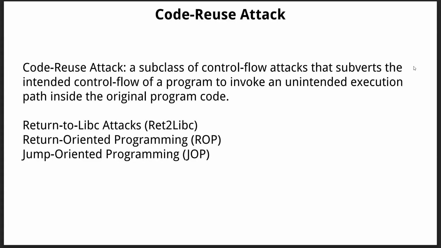Those are called gadgets. Okay. There are return to libc and return-oriented programming. We're going to say that in the second half. There is also jump-oriented programming. However, on Linux, jump-oriented programming is not very easy. We do not see many gadgets for jump. So in this class, we focus on return.